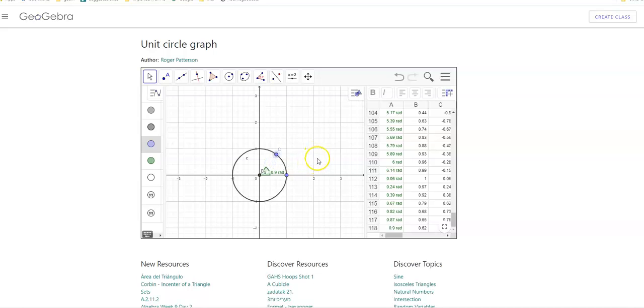So now we have all the radian measures. I went all the way around. You can see that they went into the spreadsheet here. And what we're going to do next is graph those. So I'm going to graph the radian measure versus the X coordinate, and then we're going to graph the radian measure versus the Y coordinate.